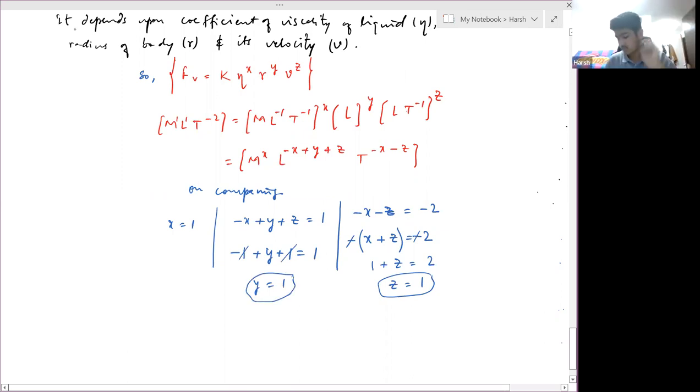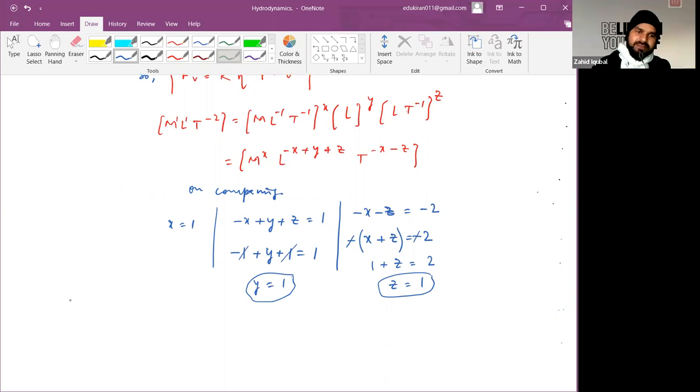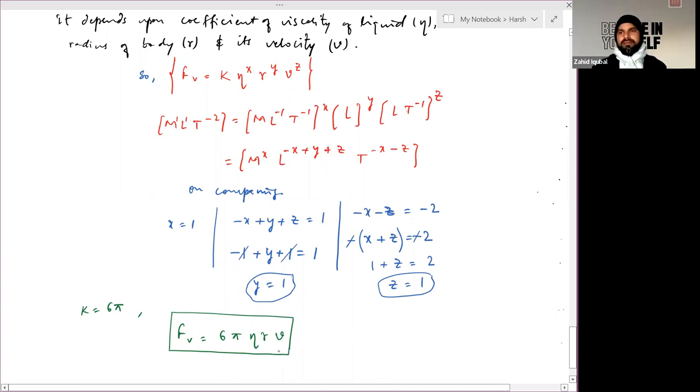Now put these values in the above expression, and instead of k, just put 6 pi. So F viscous equals 6 pi eta raised to 1, radius raised to 1, and velocity raised to 1. This will be our final expression of the viscous force experienced by this object.